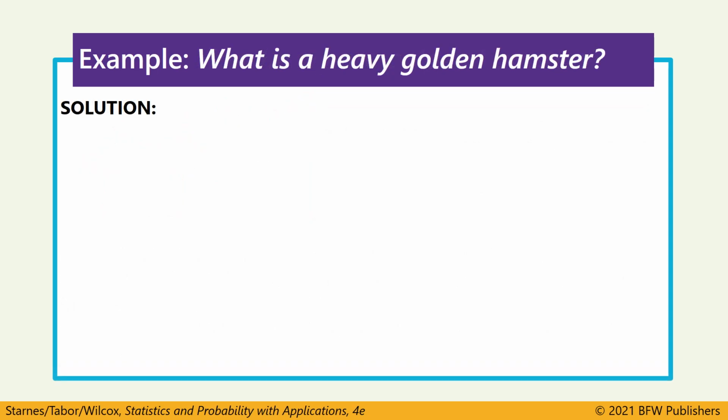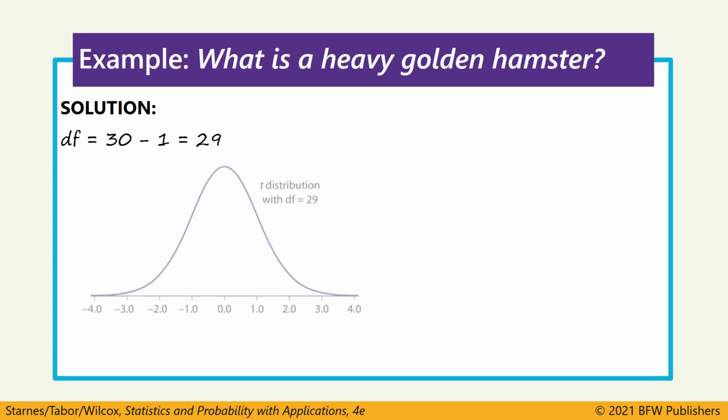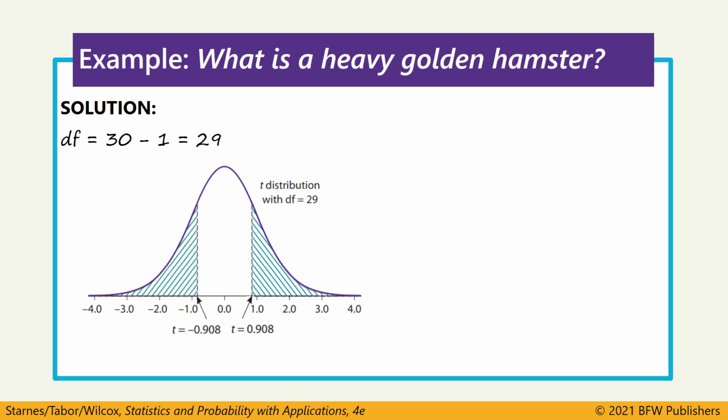Now we're going to look that up in our green table. So first we find degrees of freedom. It's 1 less than the sample size, so we're in the line for degrees of freedom equals 29. And we need to note our alternative hypothesis. So the alternative hypothesis was that mu is not equal to 4, which means whatever we get on one side of this normal curve, we're going to mirror onto the other side.